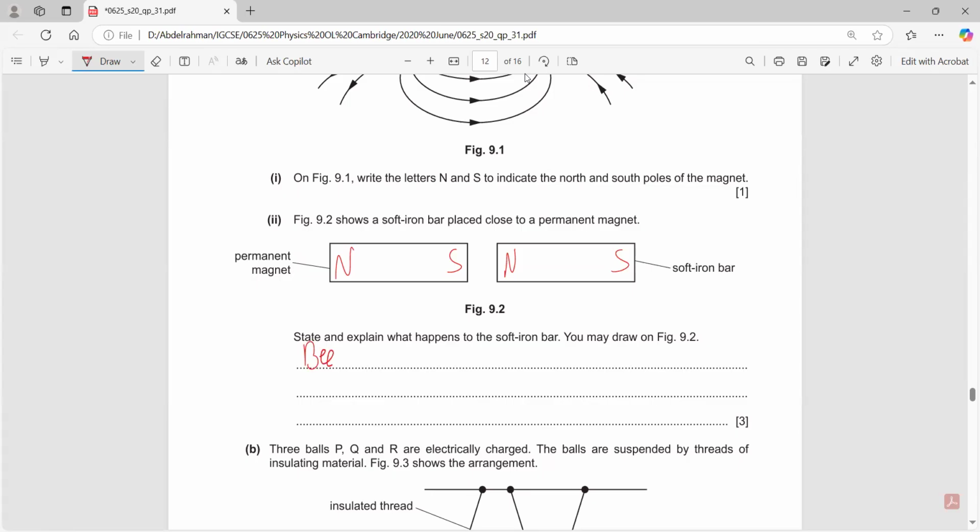It becomes a temporary magnet and is attracted to the permanent magnet. Why? Because it has opposite poles.